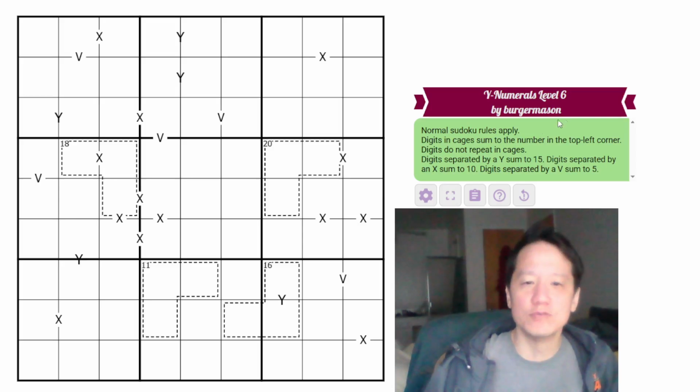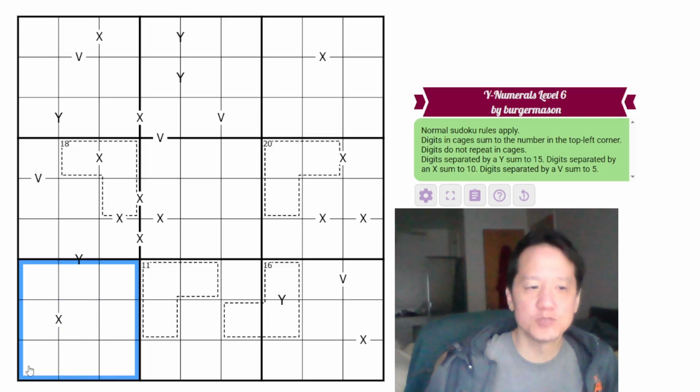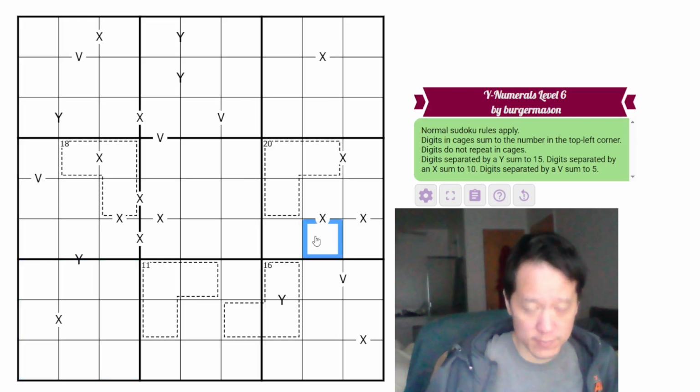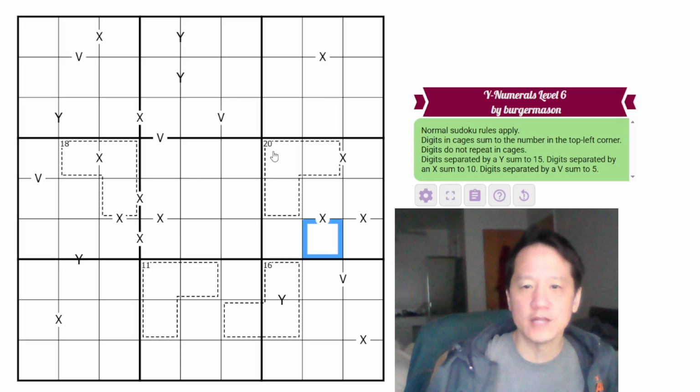Normal Sudoku rules apply, which means fill every row, column, and box with the digits 1 through 9 without repeats. Then we have digits in cages sum to the number in the top left corner, and digits do not repeat in cages, and these are called killer cages.